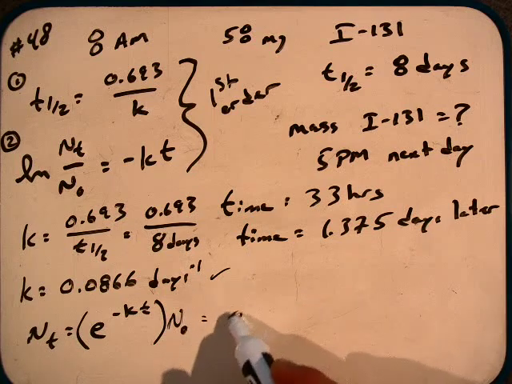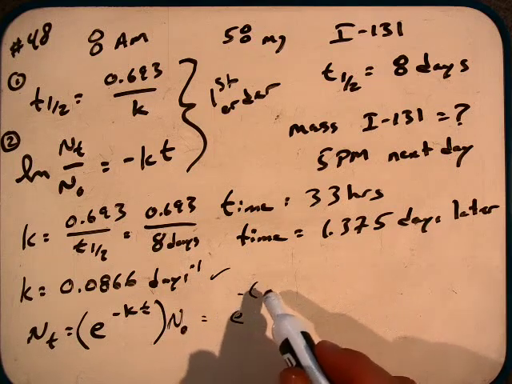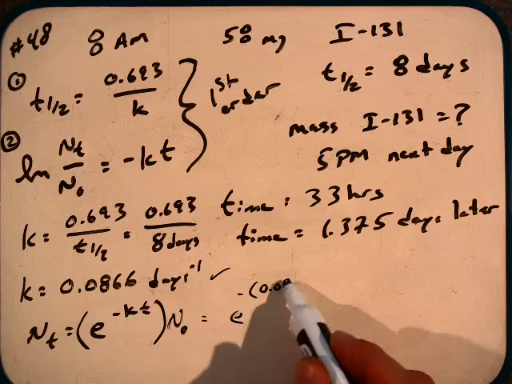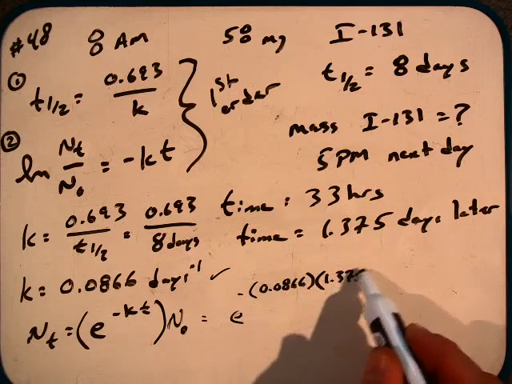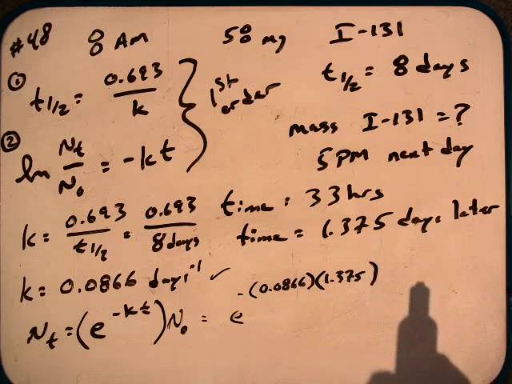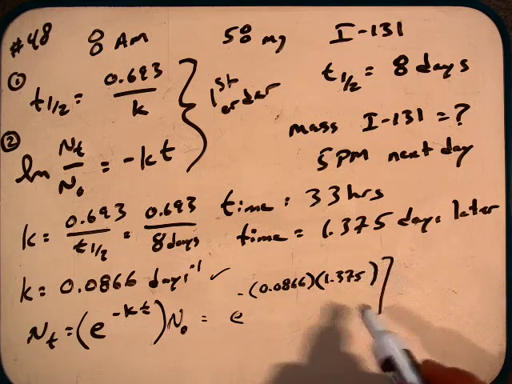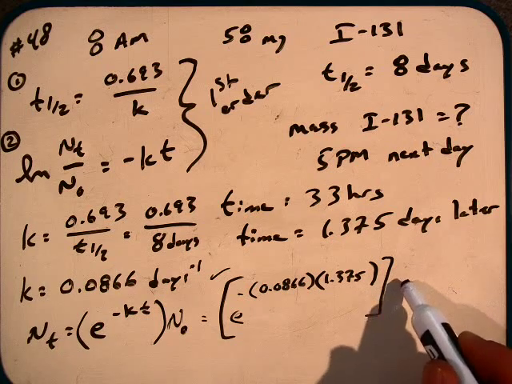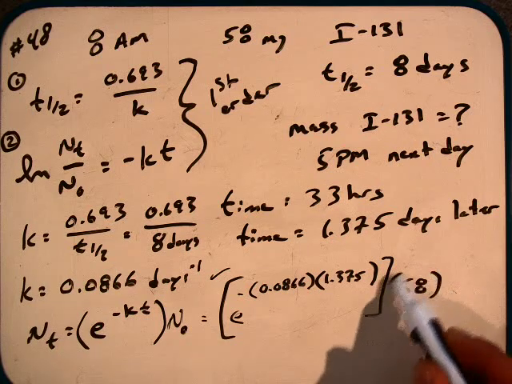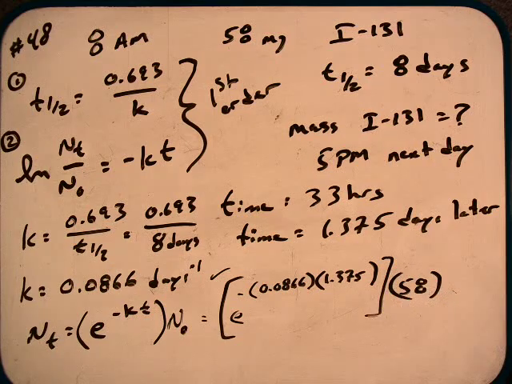So that would be e to the negative 0.0866 times 1.375, which is our time, 1.375 days later. And then that whole value would be multiplied by our 58 milligrams, our initial value.